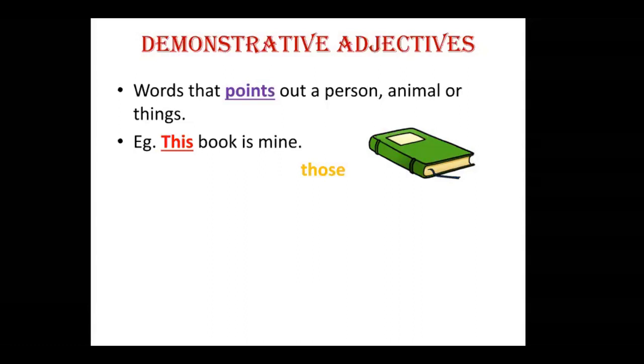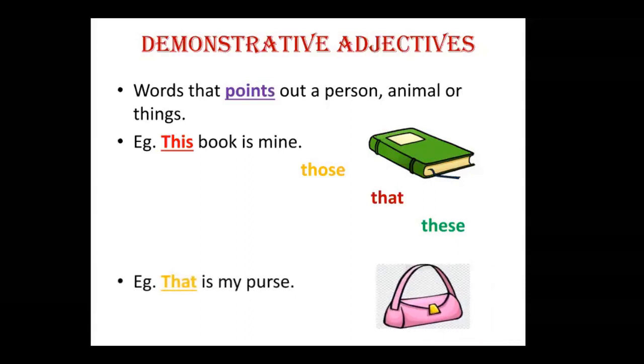We can also use the words those, that, these. Those books are mine. That book is mine. These books are mine. So these words are used to point out a person, animal, or thing. These words are known as demonstrative adjectives. We'll have a look at another example also. That is my purse. The word that is pointing out the noun purse.